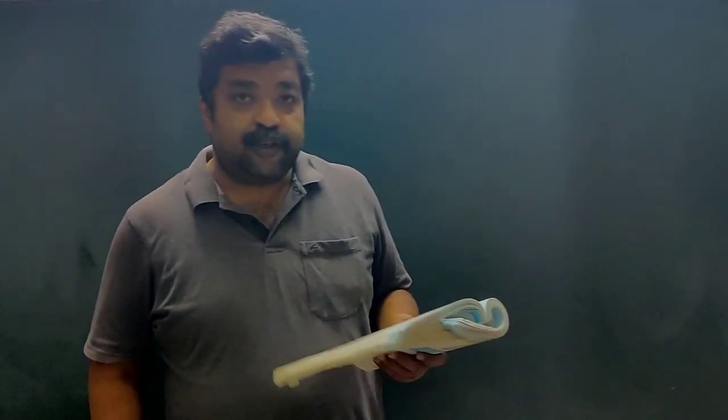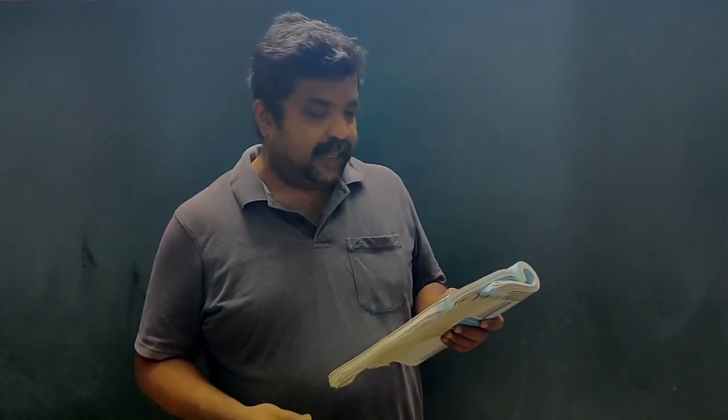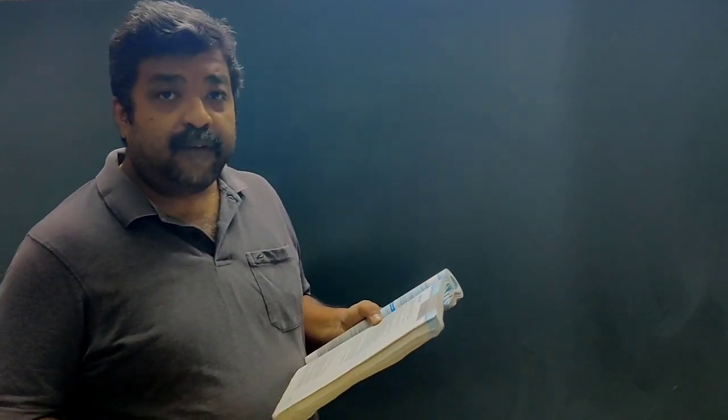Now let us solve one question from the NCERT exercise problem, page number 169, question number 4.5. The question says, what is the magnitude of magnetic force per unit length on a wire carrying a current of 8 ampere and making an angle of 30 degree with the direction of uniform magnetic field of 0.15 Tesla.